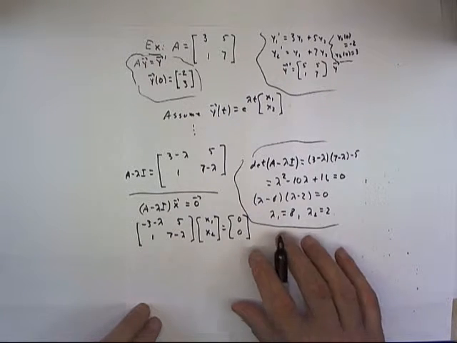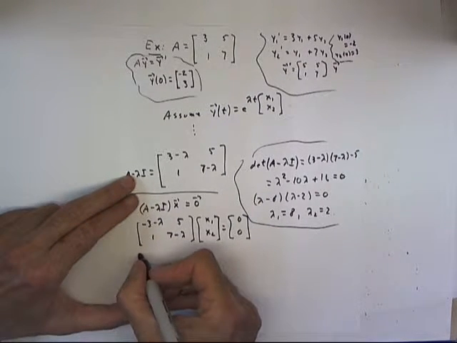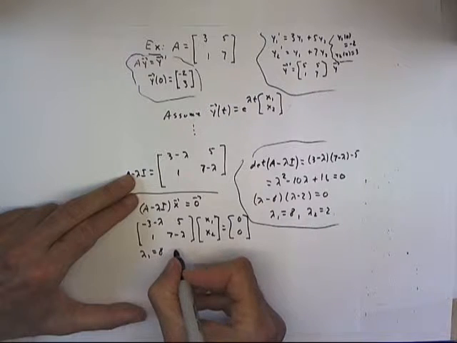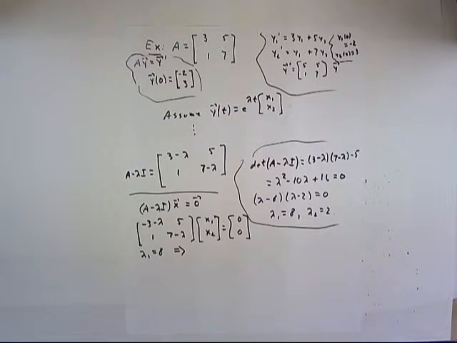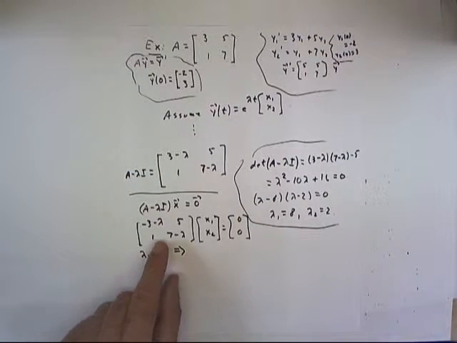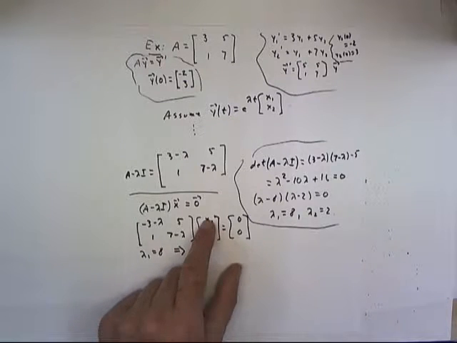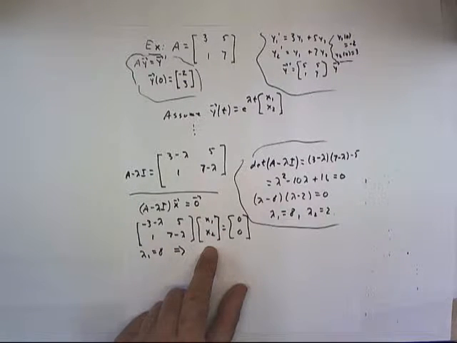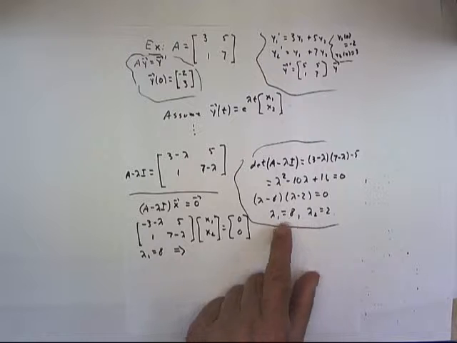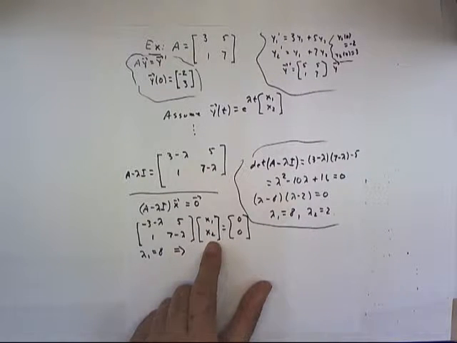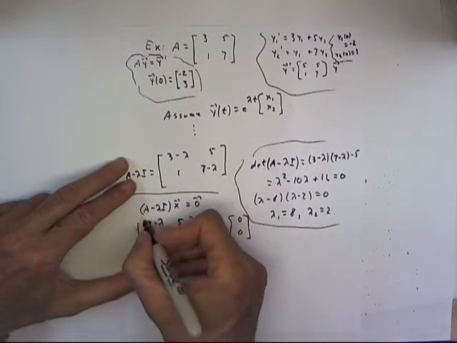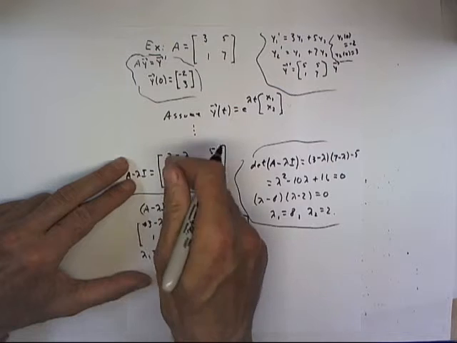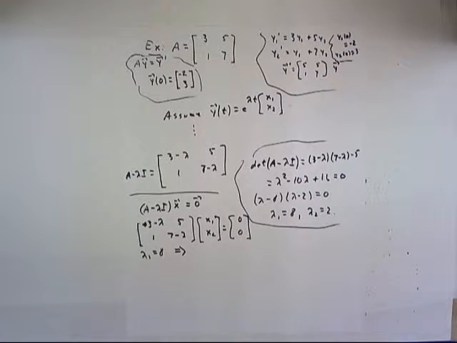Now for lambda equal to 8, we substitute 8 for lambda, and we solve the equation for x1 and x2. We've got our eigenvalue. If we can solve for x1, x2, that'll give us an eigenpair, so we can form a solution function. Okay, I wrote this equation down carelessly. That's 3 minus lambda, not negative 3 minus lambda.